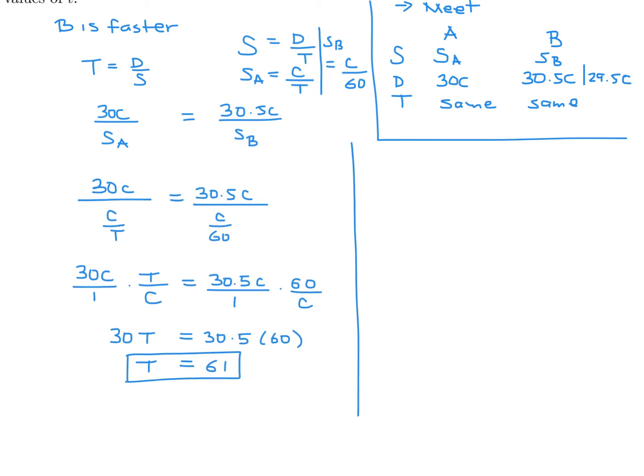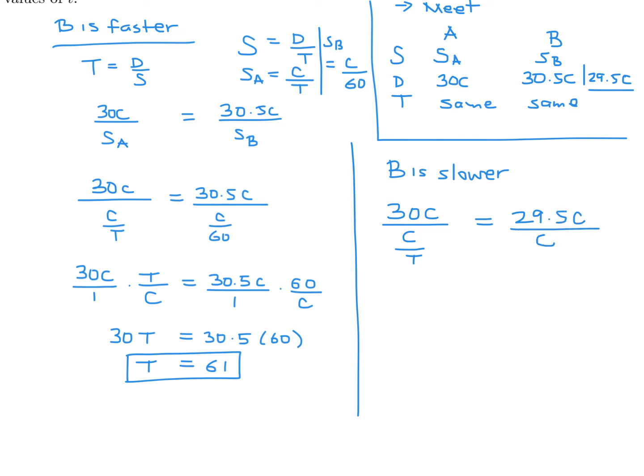And then in a very similar way, we would do the other scenario, which is when Bob is slower. The calculation will be identical. It'll be 30c over t. But instead of 30.5, we have to use this 29.5 this time. So 29.5c over c over 60.